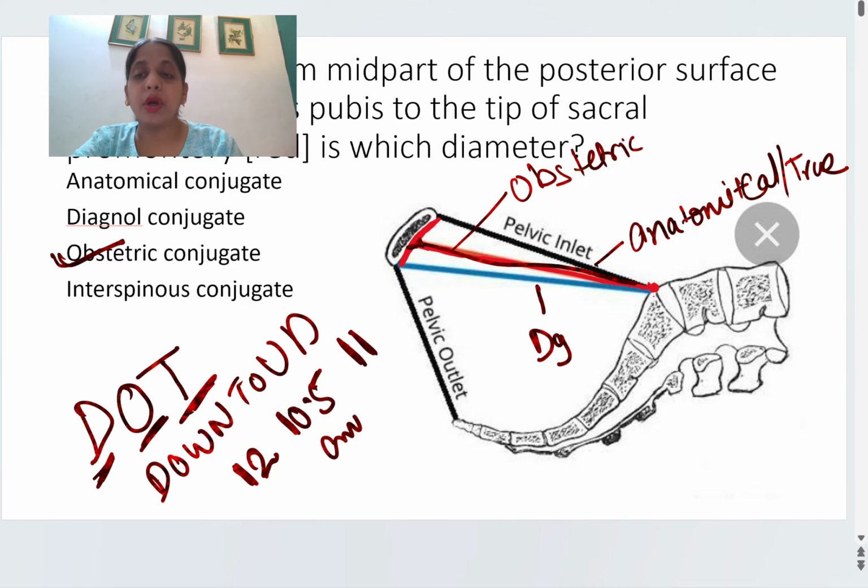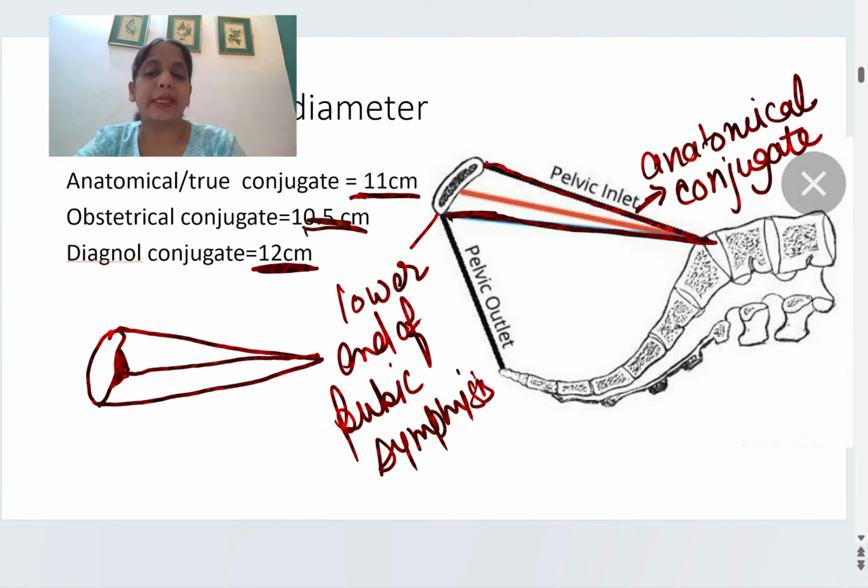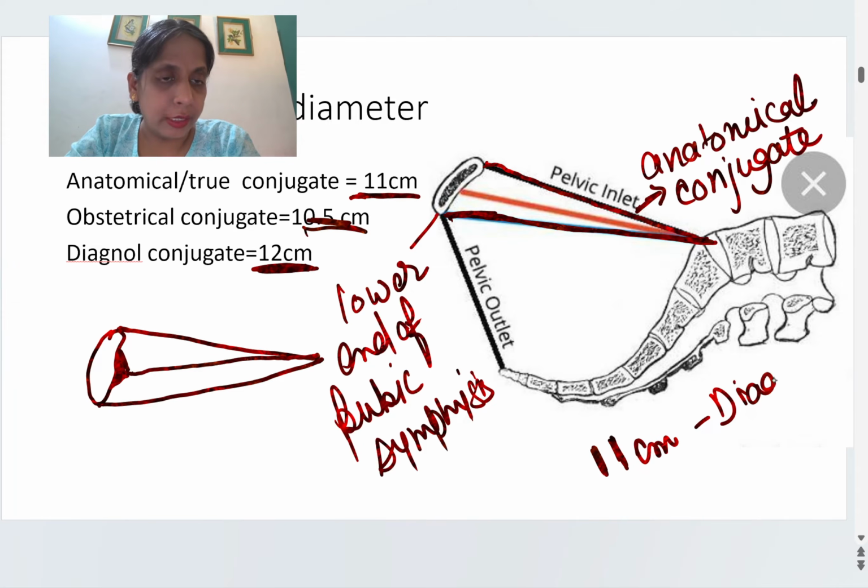Because we can measure the diagonal conjugate, we can derive the other diameters also. For example, a lady has on average an 11 centimeter diagonal conjugate. We measured it by the finger and found it was 11 centimeter.